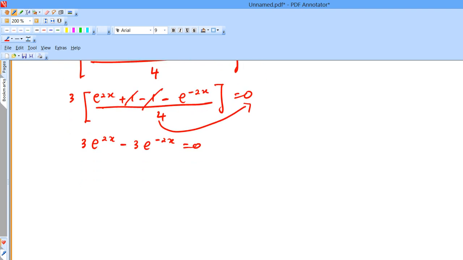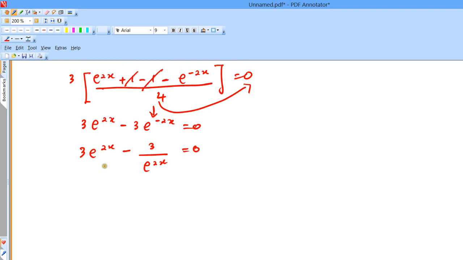Since we have a negative power, we can write 3 e power of 2x minus 3 over e power of 2x equal to 0, and then we can multiply through, we get 3 e power of 4x minus 3 over e power of 2x equal to 0.